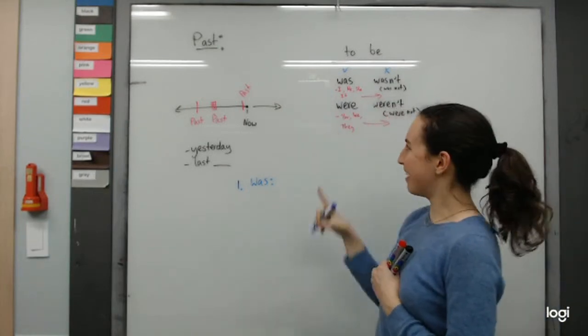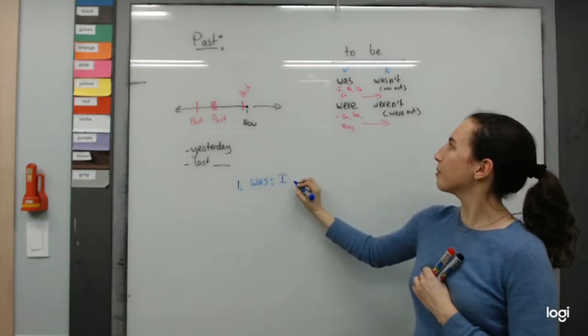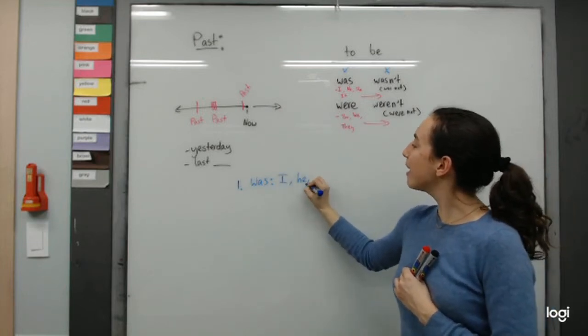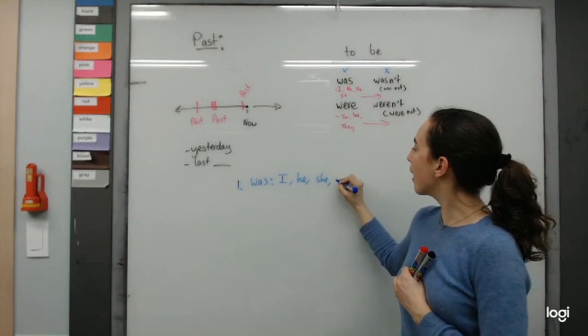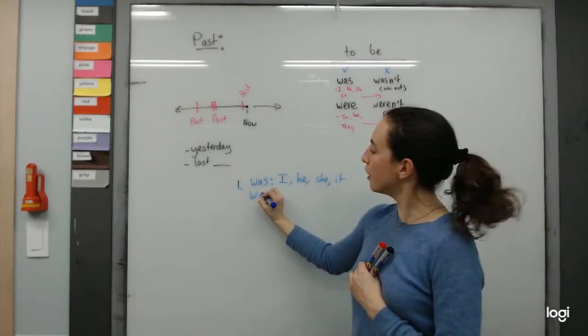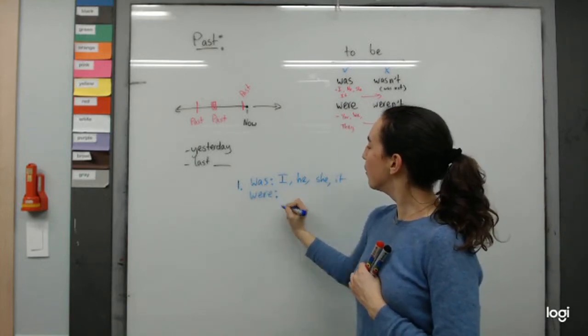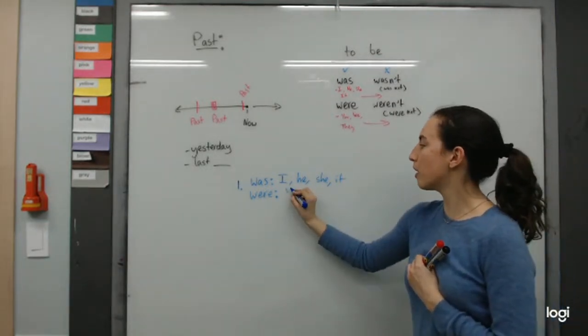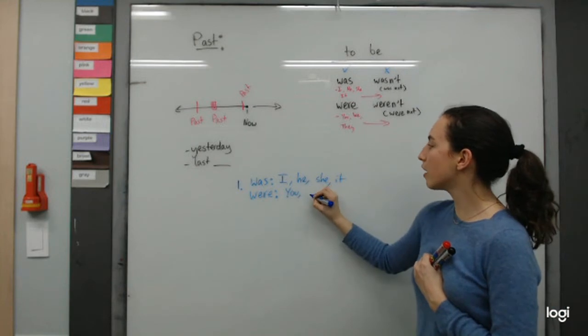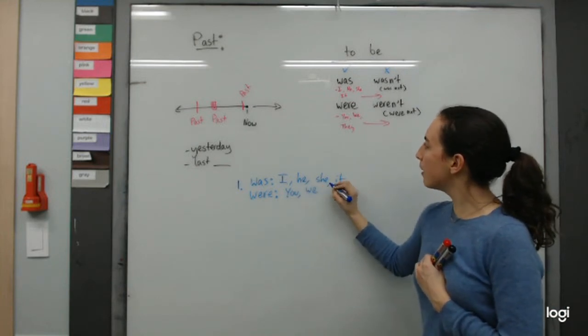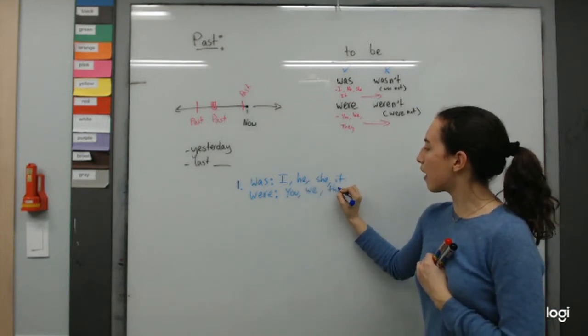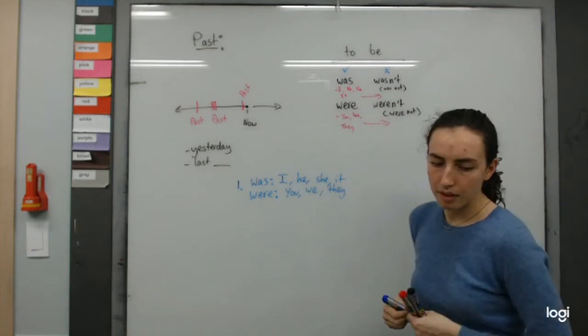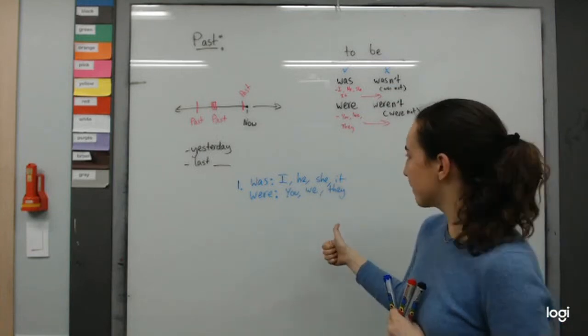It is here. Okay. So was we use with I, he, she, and it, and were. Think again, a little bit in your head. We use with all the others, many and you, we and they. Okay? So, good.